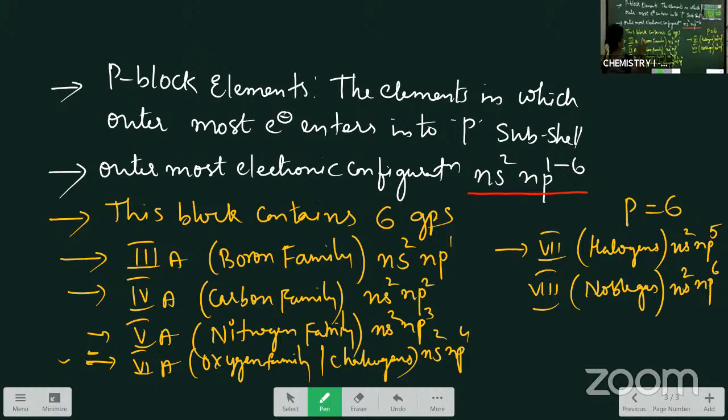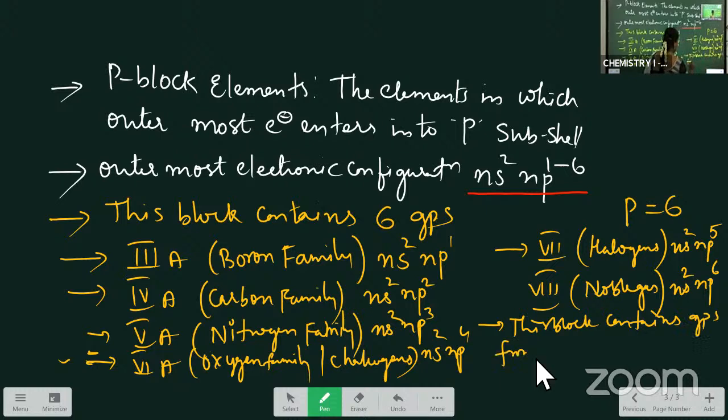If you don't want to write all this, you can write a shortcut: this block contains groups from 3A to 8A.